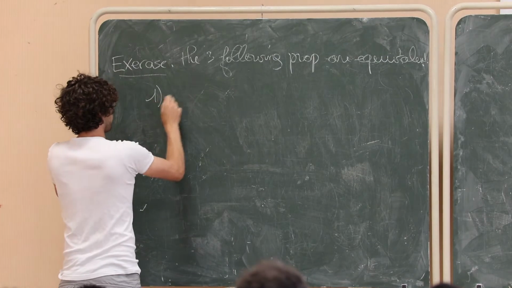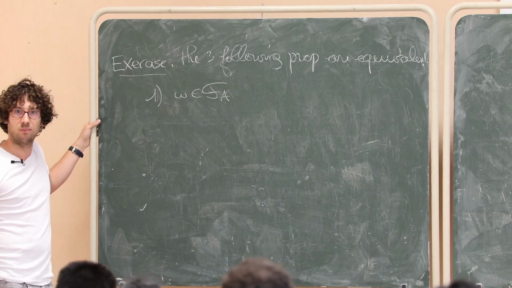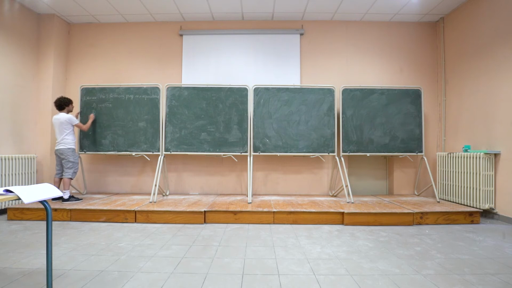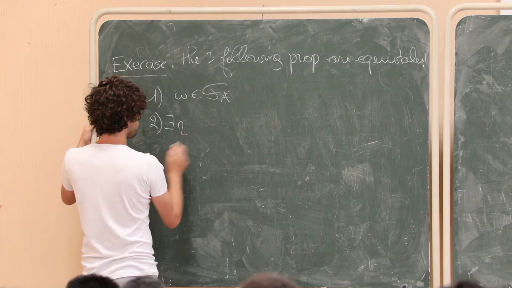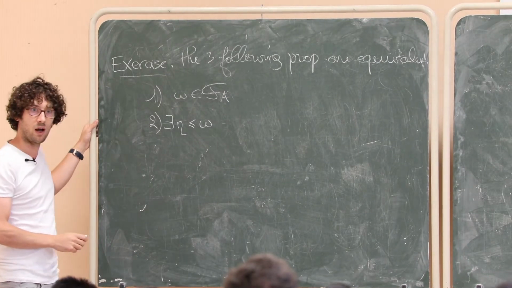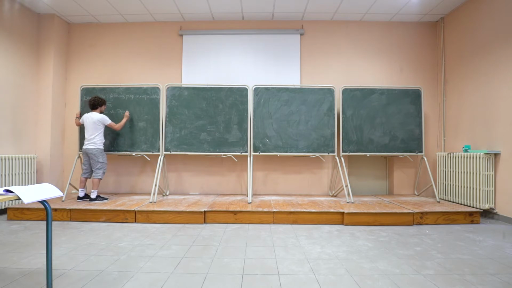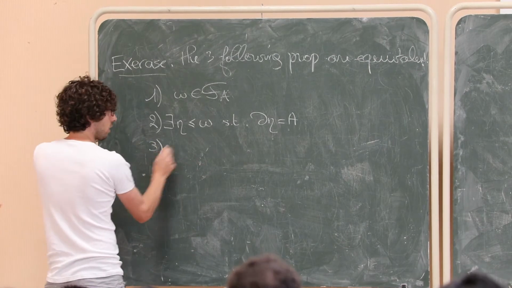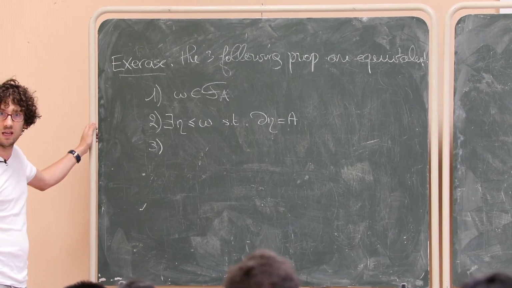So the first one is omega is in FA, meaning that every connected component of omega intersects an even number of elements of A. The second one is that there exists a subset, let's call it eta, smaller or equal to omega, so included in terms of subgraph, such that the boundary of eta is A. That's the second property. Remember, this means that this graph has odd degree at A and even everywhere else.